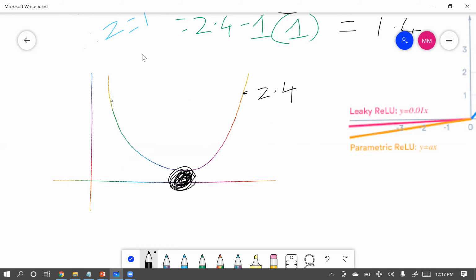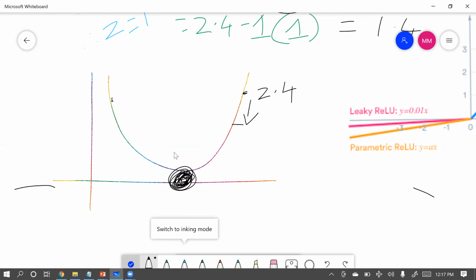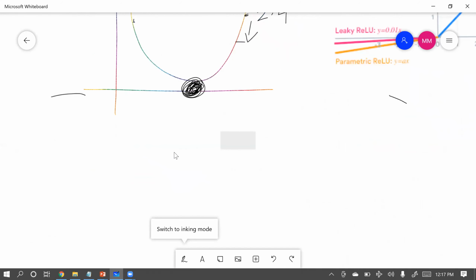Just consider, if z is equal to 1, which is giving the value of 1.4. 1.4 in the sense, it will be somewhere coming around here, so it is traversing downwards to meet this global minimum. So we are not facing the vanishing gradient problem here, but instead our old weight is equal to new weight. We will also call this the dying neuron, or dead neuron.